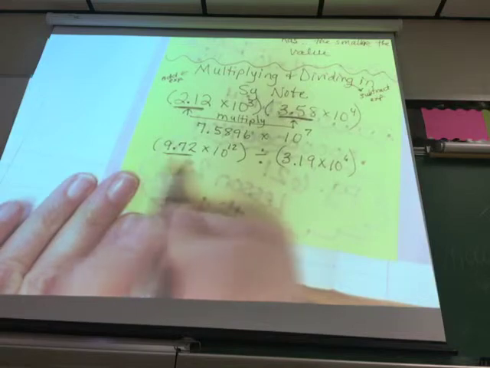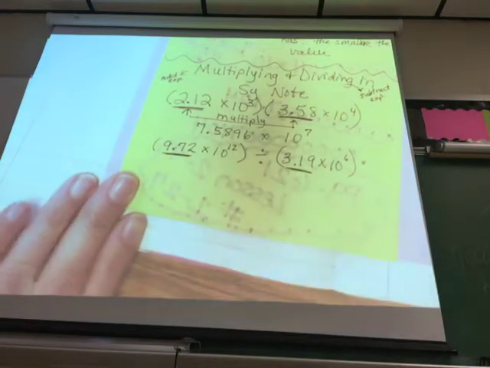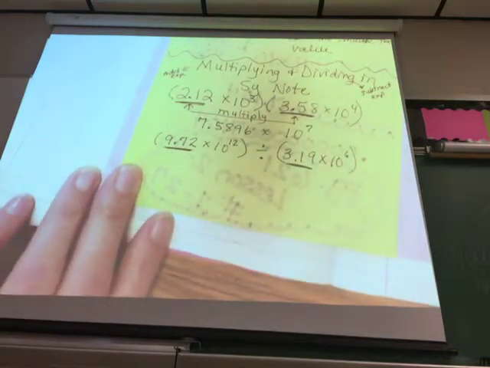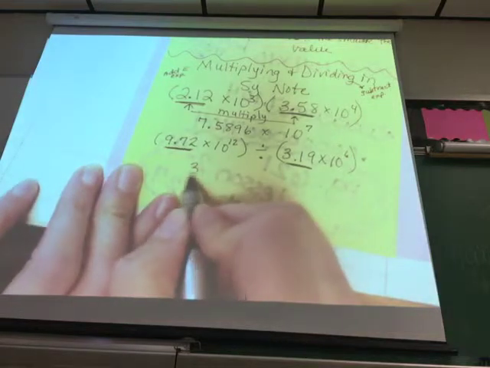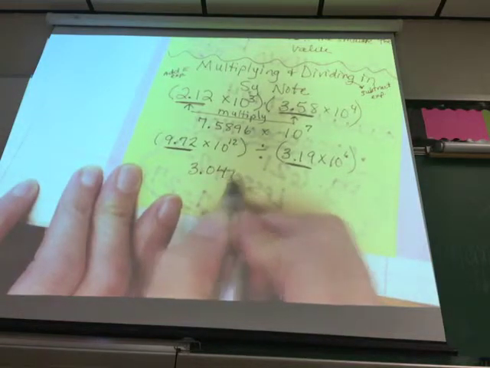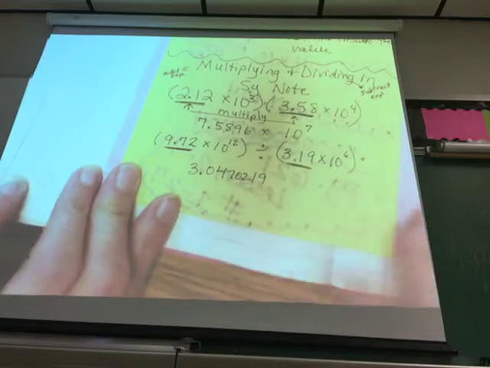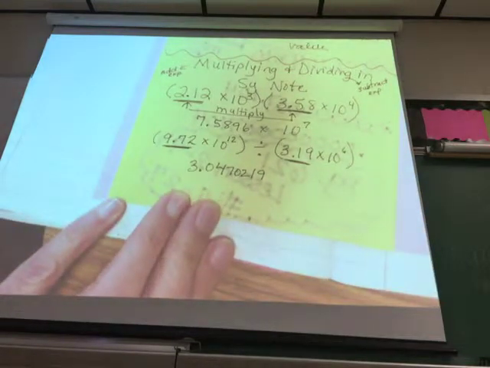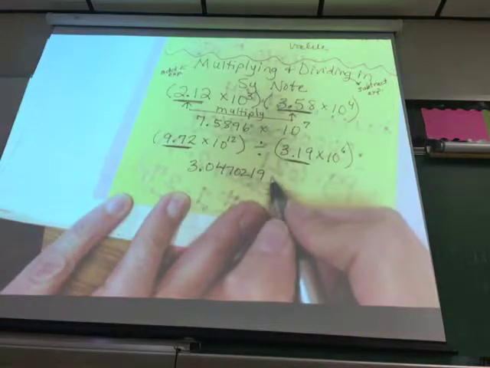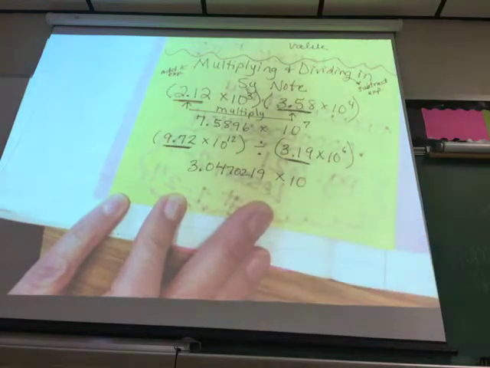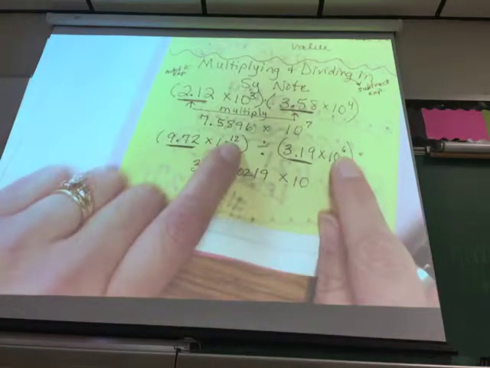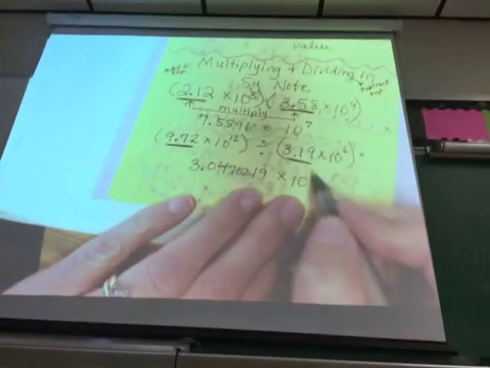So if it's a division problem, take your first digits and divide them. 9.72 divided by 3.19. I got 3.04702219. Whew, that's an ugly number. Times 10 to the what power? 6, because you subtract your exponents. 12 minus 6 leaves 6.